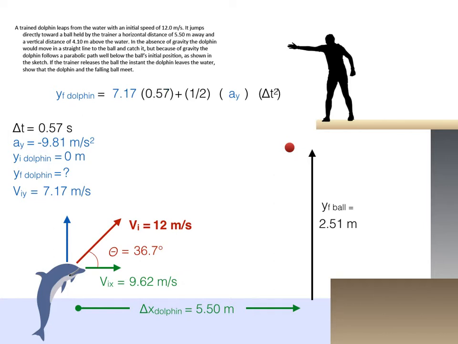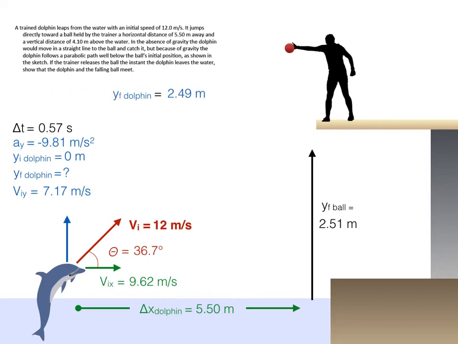Our change in time is 0.57 seconds. Our 1/2, I'm just going to make 0.5. Our acceleration in the y direction is negative 9.81, and our t squared is 0.57 squared. So this is going to determine the final position of the dolphin in the y direction. We know he's going to be at the ball with regards to the x direction. How high is it going to be in the y direction?